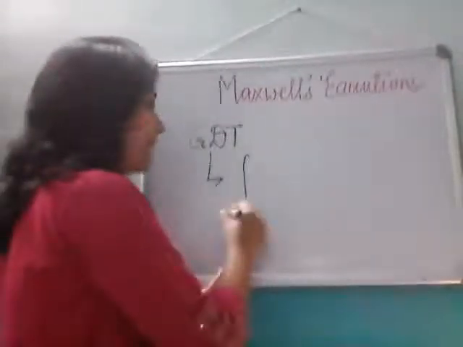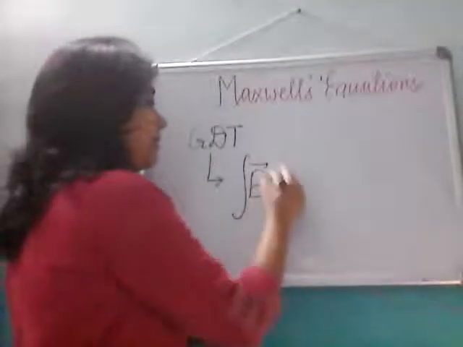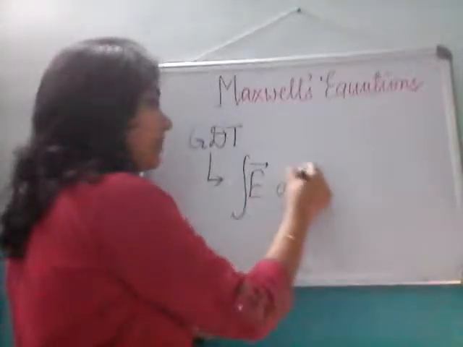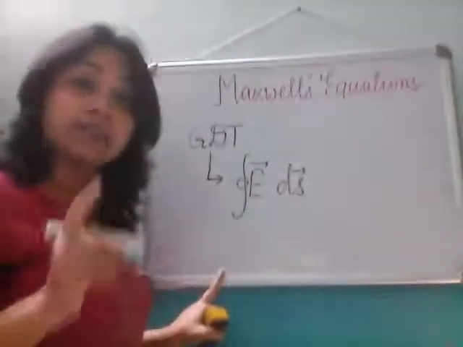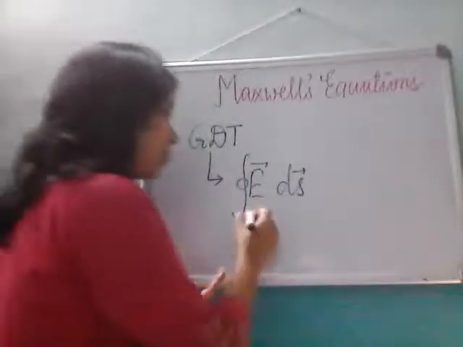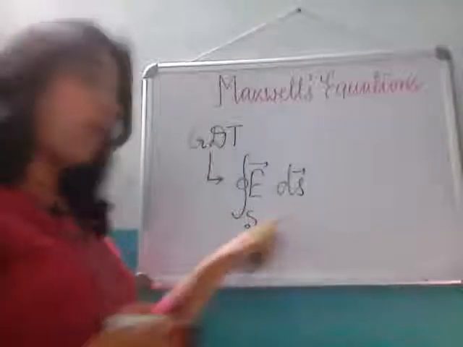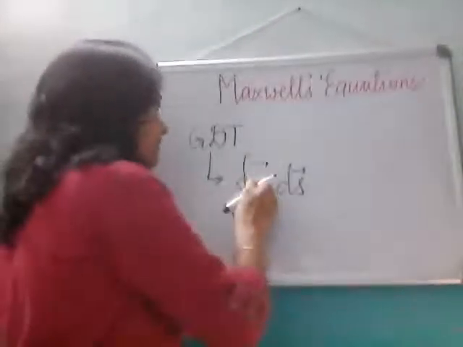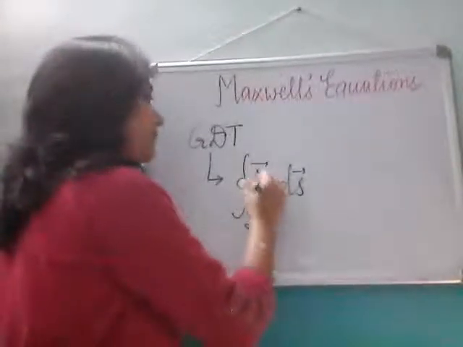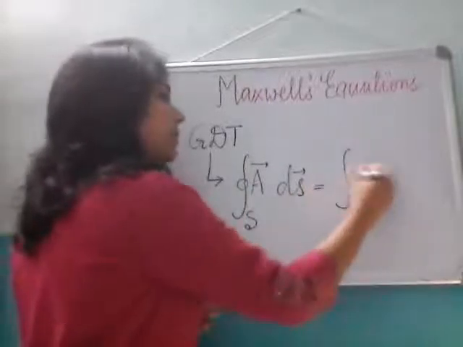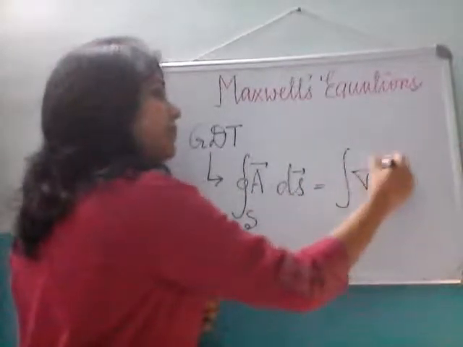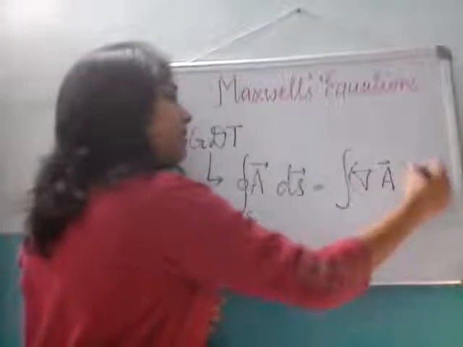I can write that the surface integral over a closed surface. Now the surface that I am writing is a closed surface. The closed surface integral of any vector, say vector A, is equal to divergence of the same vector over the volume V.